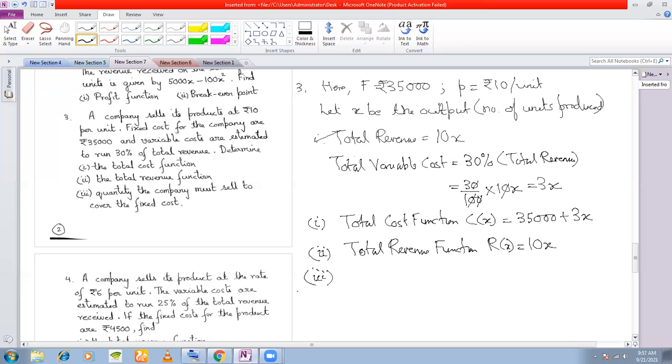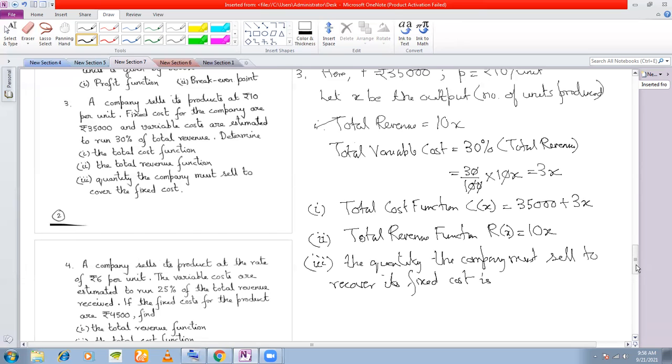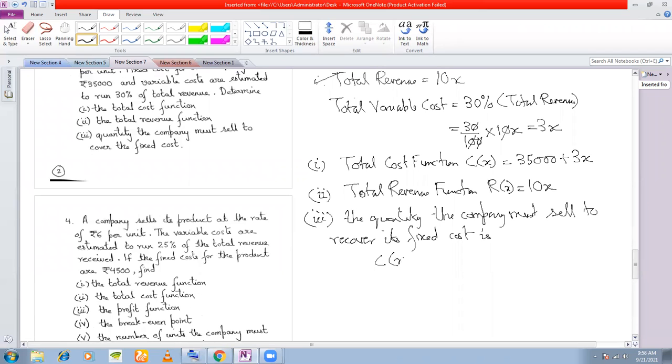Third question. The company must sell to recover its fixed cost. That means we need to find out the break-even point, right? The quantity the company must sell to recover its fixed cost is C(X) equal to R(X).